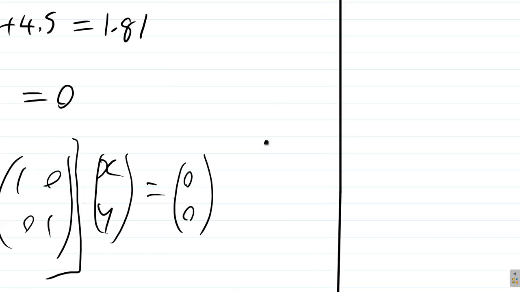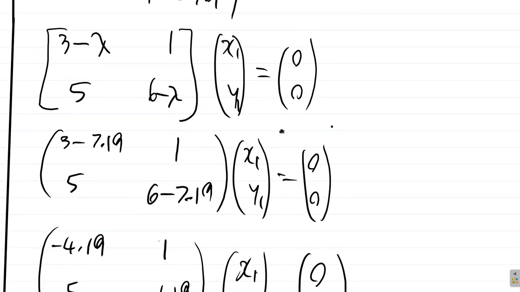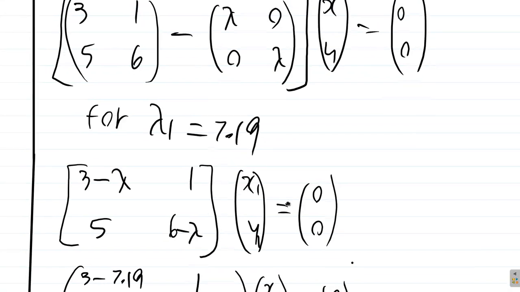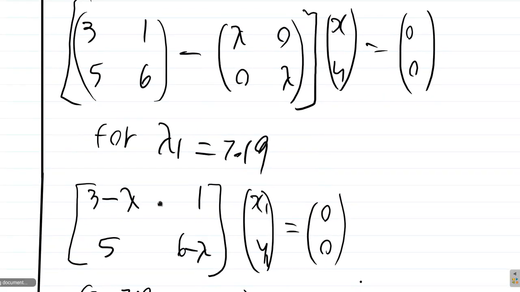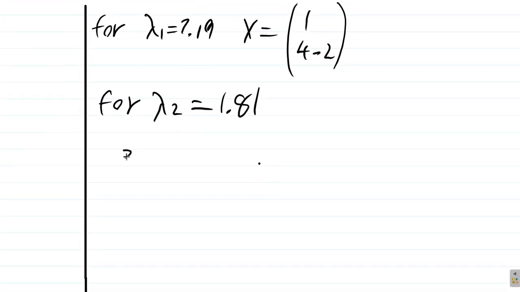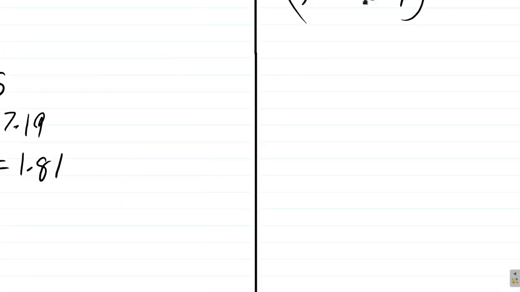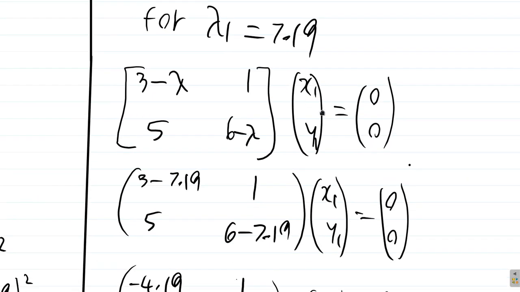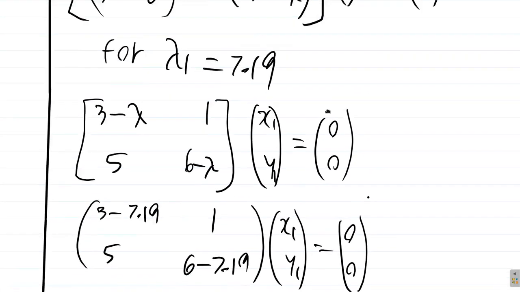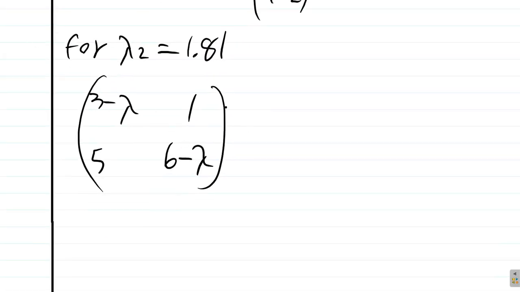We want to find out what the eigenvector is, so we use this formula again: [3 minus lambda, 1; 5, 6 minus lambda] times (x2, y2) equals (0, 0).